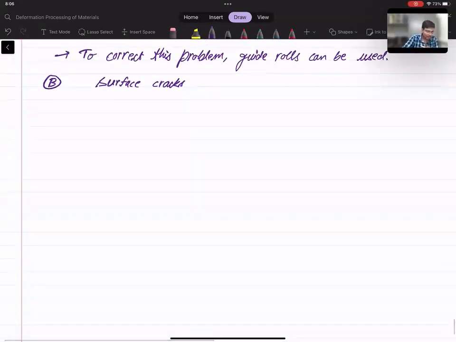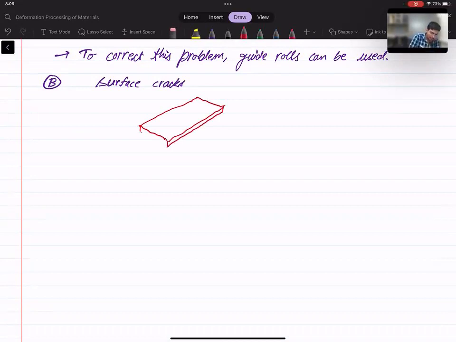So that will appear like, suppose if there is no waviness created into the material, then it may have cracks onto the surface, some sort of cracks on the surface. Okay.